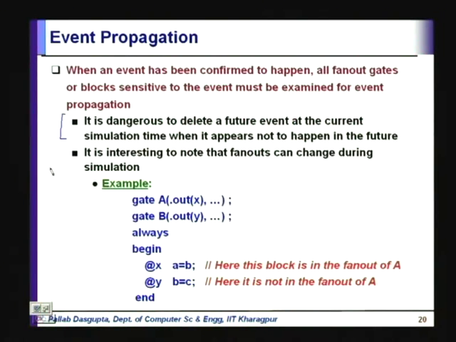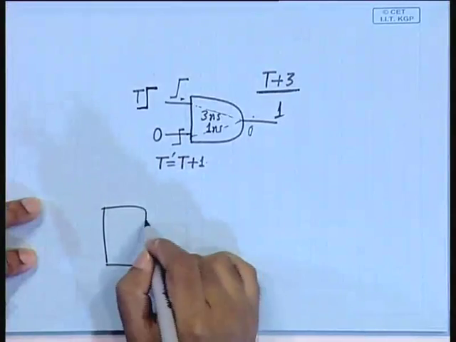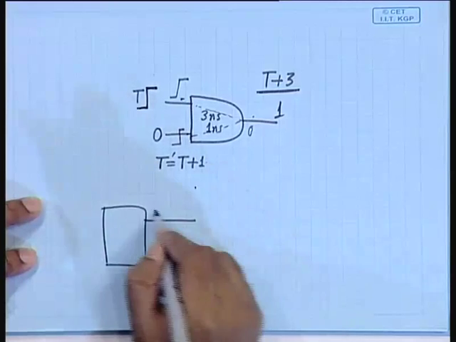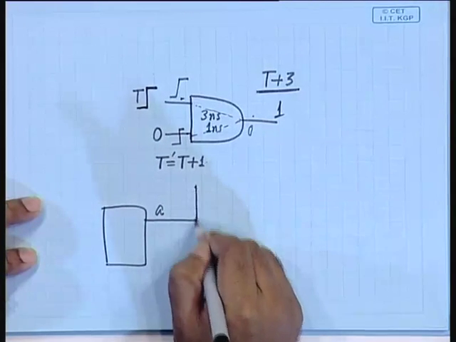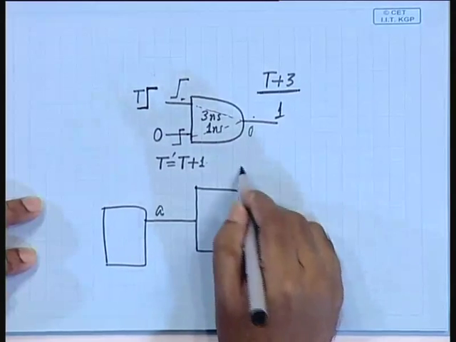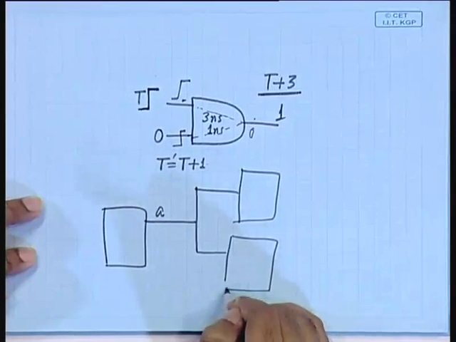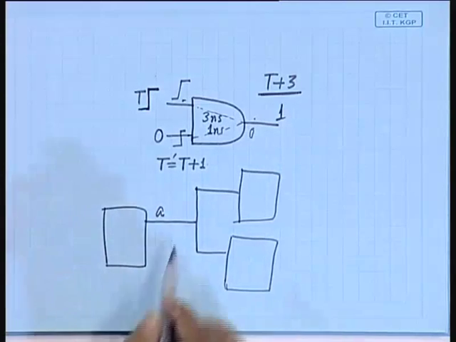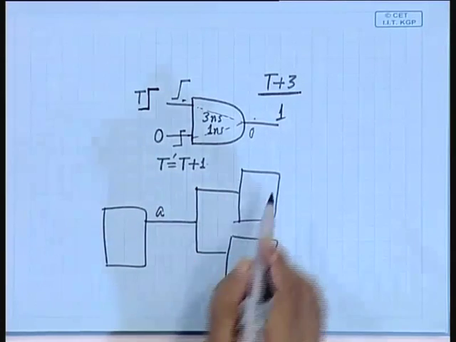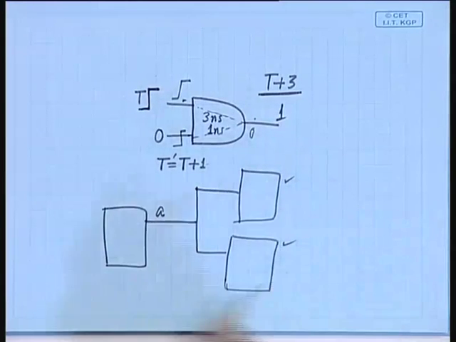The other interesting thing that we need to see is that fan outs can change during simulation time. So, I have one block, and the signal that we have here, let us say A, is being used in 2 other blocks, right. Now, you might be tempted to feel that whenever A changes, I need to evaluate both of these, because they are in the fan out of A, right.